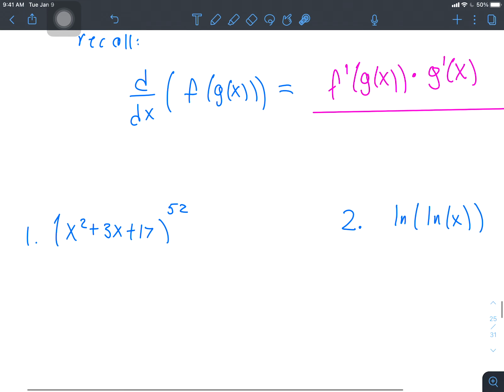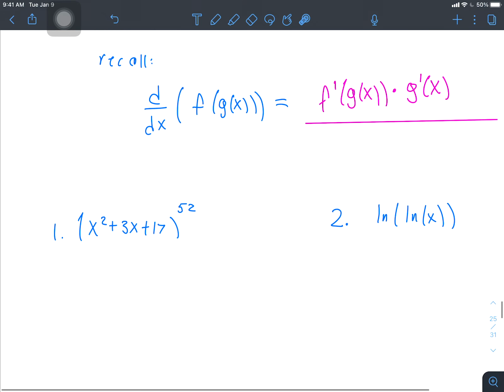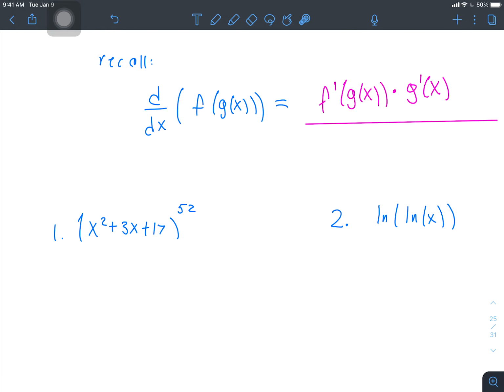Like I said when we covered chain rule, the first way is to literally write out what is f of x and what is g of x, and then find their derivatives, f prime of x and g prime of x, and then literally plug in using this formula. That's one way to do it. But after you get a lot of practice with the chain rule, you probably won't write all of that out every time. So I will show you both methods really quickly on this first problem, and then we'll work together to do the other ones.